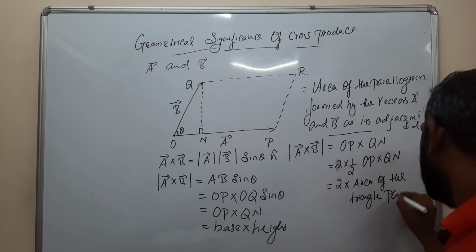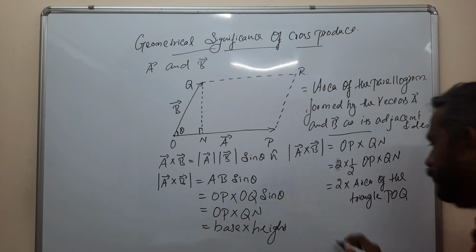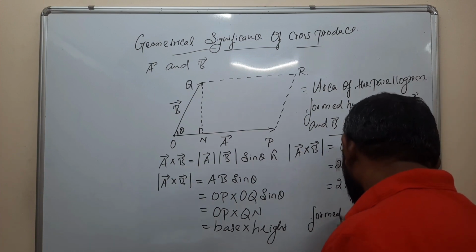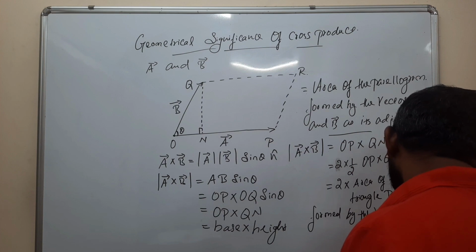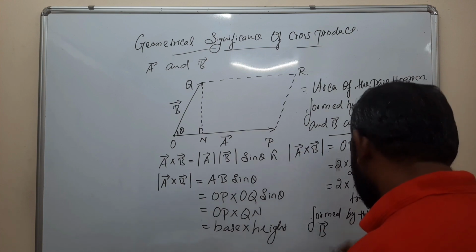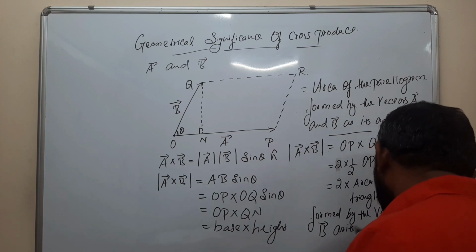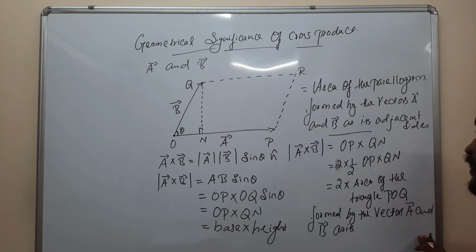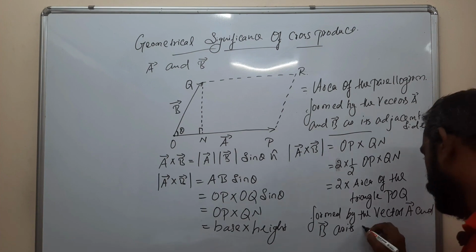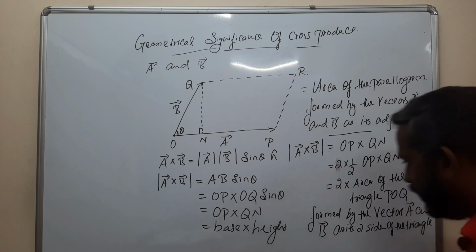Twice the area of the triangle POQ formed by the vectors A vector and B vector as its two sides of the triangle.